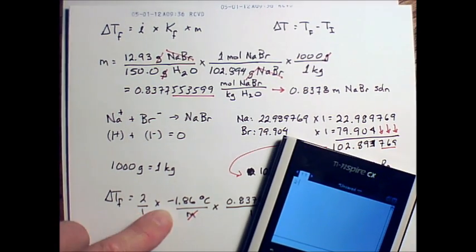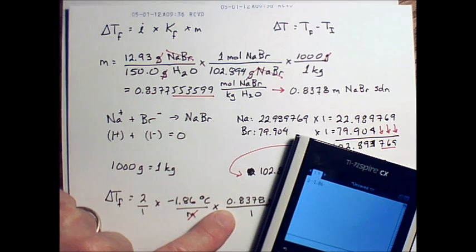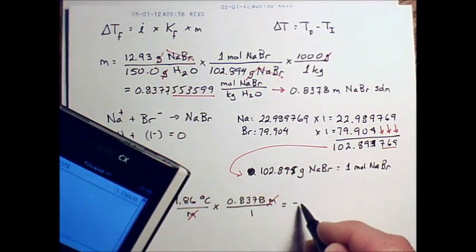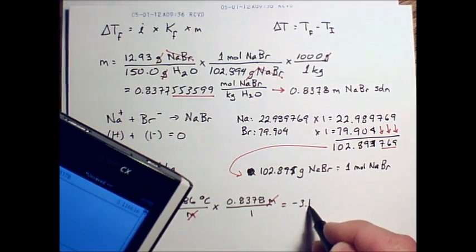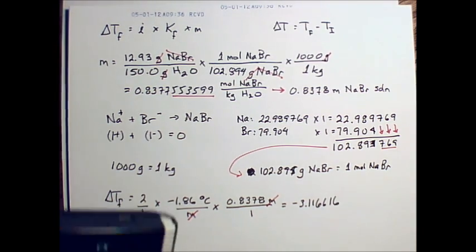So 2 times negative 1.86 times 0.8378. And we get negative 3.116616.